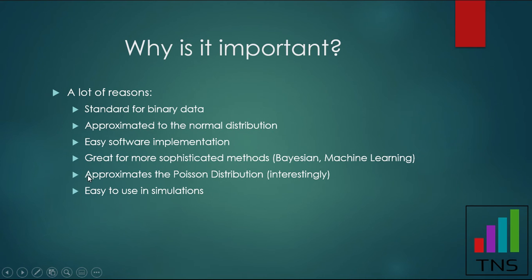It's also, interestingly enough, an approximation to the Poisson distribution, which is another distribution for count data, which we'll talk about in a whole other video. And of course, with it being easy to implement in software, it's also easy to do simulations using this distribution, partly because the distribution is fairly simple.